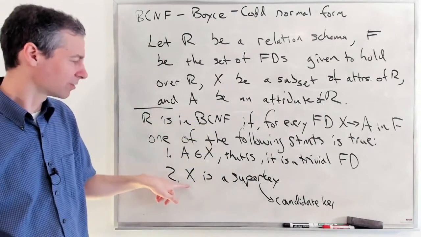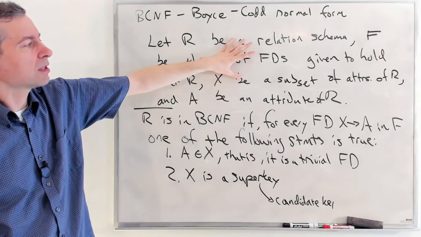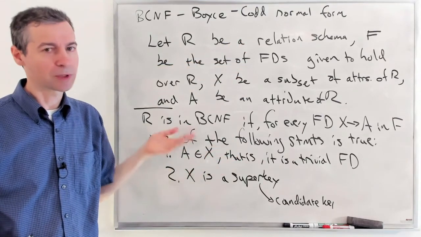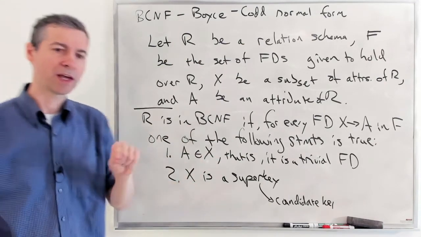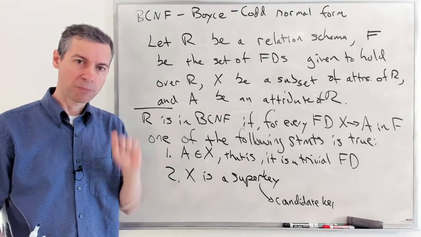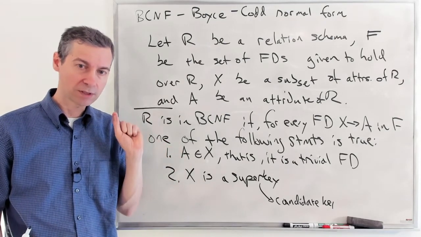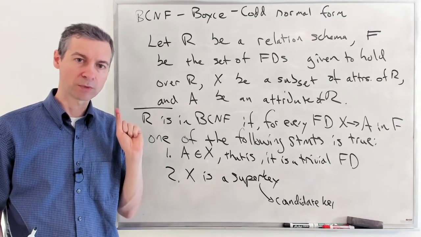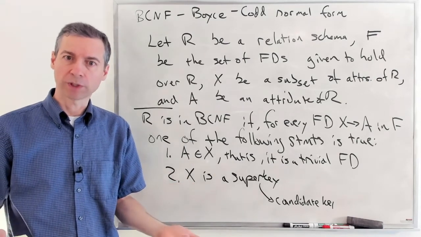And so when we look at these functional dependencies in F, we want to find out that they're all trivial, which we're not even going to pay attention to. What we're really looking for is whether all of our functional dependencies are such that the left side is a candidate key. If you think about that, it sounds really nice.